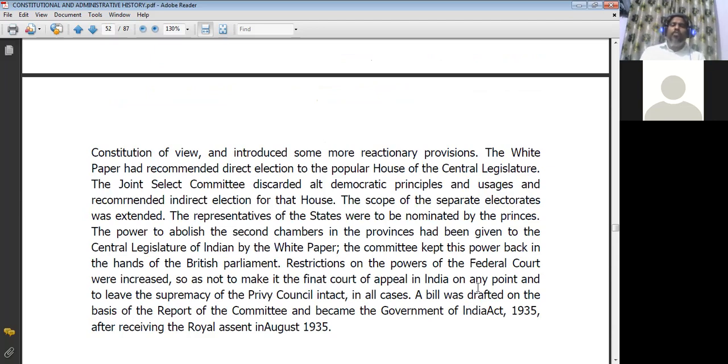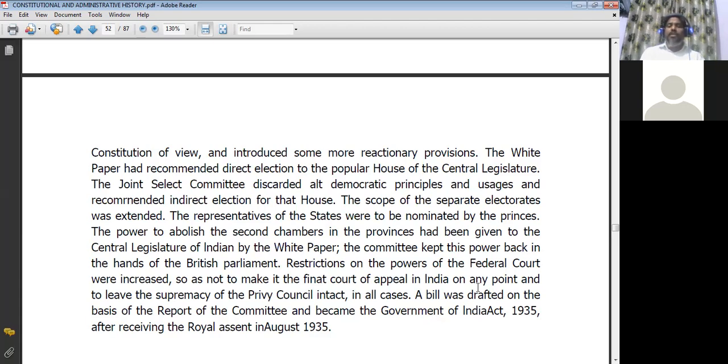The power to abolish the second chambers in the provinces had been given to the central legislature of India by the white paper, and the committee kept this power back in the hands of the British Parliament. Restrictions on the powers of the Federal Court were increased, so as not to make it the final court of appeal in India on any point and to leave the supremacy of the Privy Council.